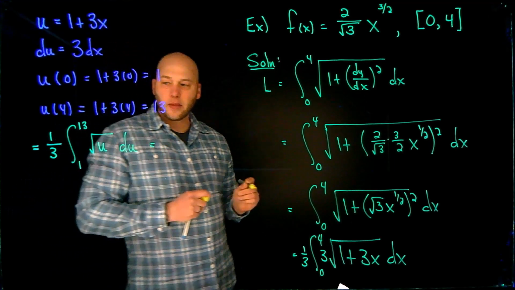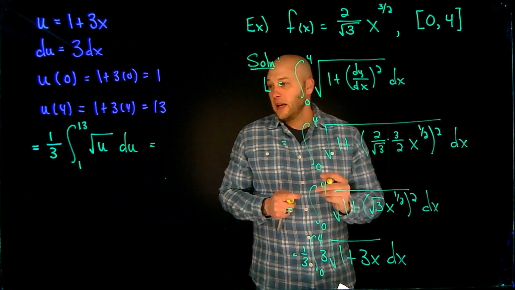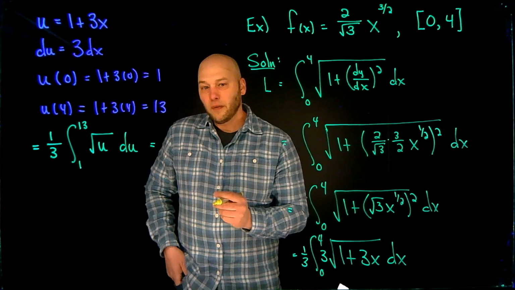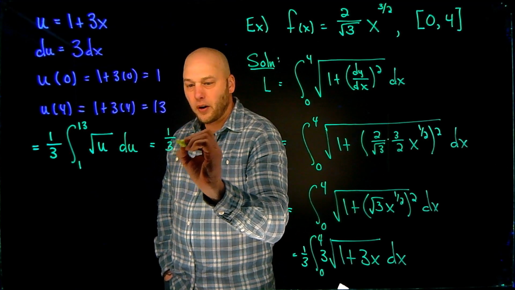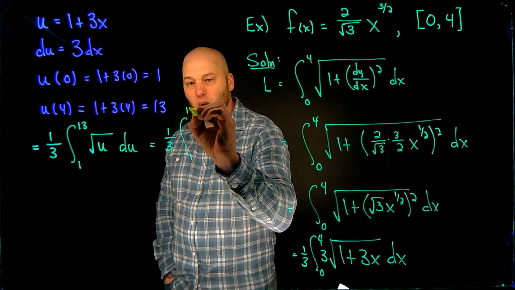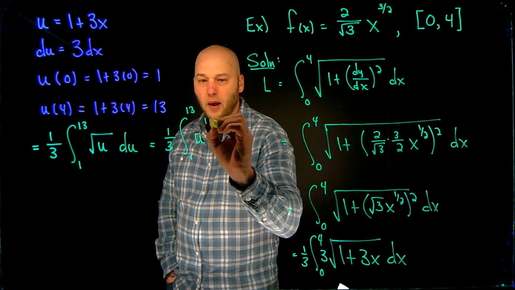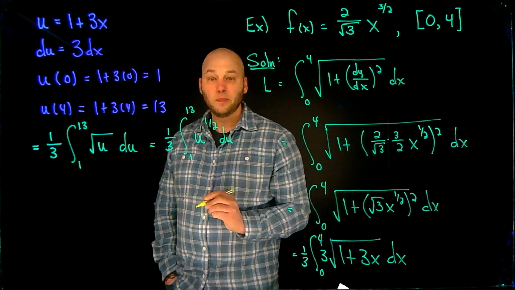In order to integrate a radical function, we usually turn it into an exponent, meaning I have 1/3 integral from 1 to 13 of u to the 1/2 du.